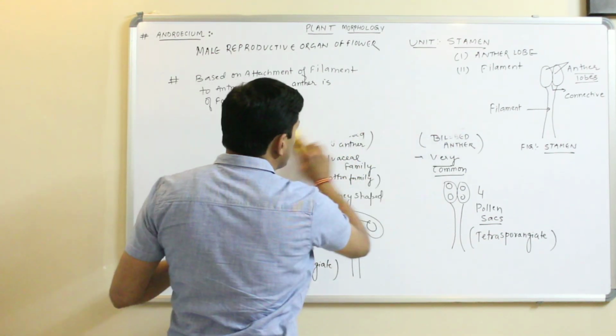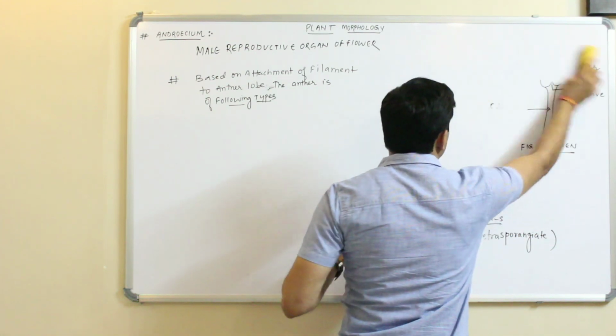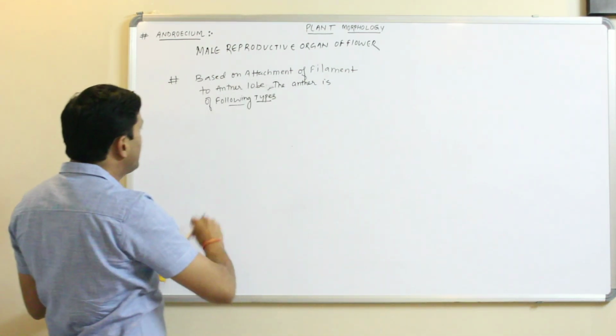Now, how many types? So see here, the very first type is the adnate anther.